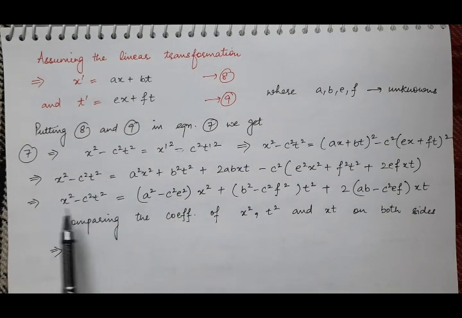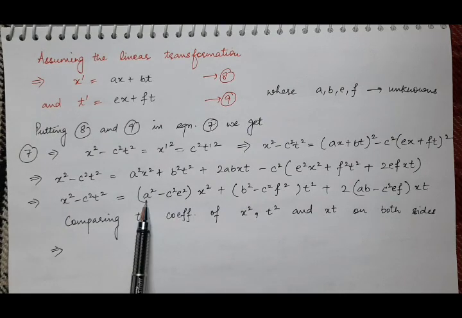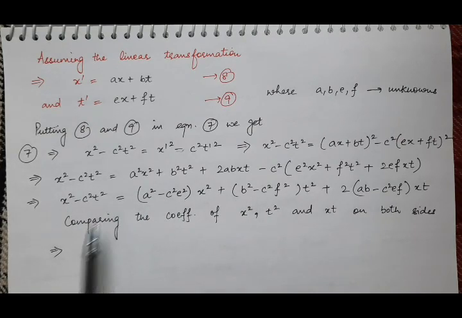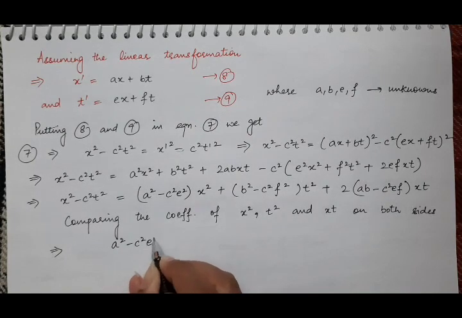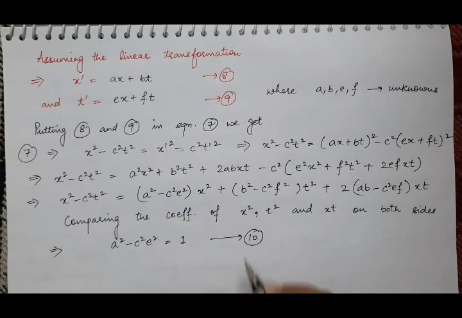Comparing the coefficients of x square, on this side the coefficient of x square is 1 and on this side the coefficient of x square is a square minus c square e square. So both sides are equal. It means the coefficients of x square, t square and xt will also be equal. So this implies the coefficients of x square on both sides are equal, and suppose this is equation 10.